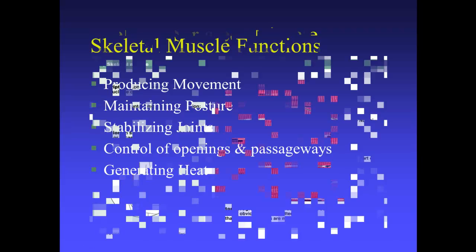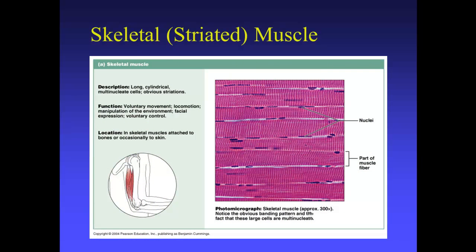Skeletal muscle organs, as we mentioned earlier, are made up of skeletal muscle tissue. Skeletal muscle tissue, as you're aware of from your tissue lectures, is made up of skeletal muscle cells. Now, in this particular lecture, we're not going to go into a whole lot of detail with regards to the internal structure of skeletal muscle cells.